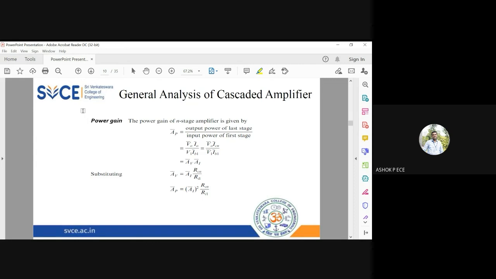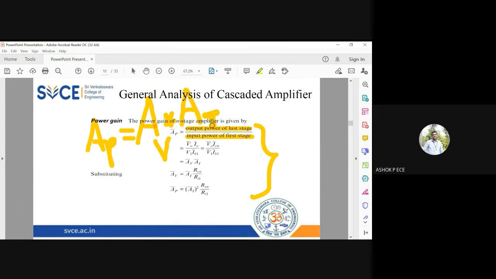And if you know current gain and voltage gain, we can find what is called power gain. Power gain is given by the output power of the last stage divided by the input power of the first stage. So you can find the power gain using this formula. Power gain is also equal to, as I told you in a formula earlier, voltage gain into current gain. So in case we cannot explicitly find power gain, we know the values for voltage gain and current gain.